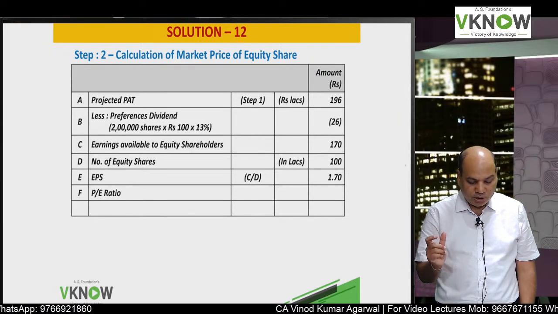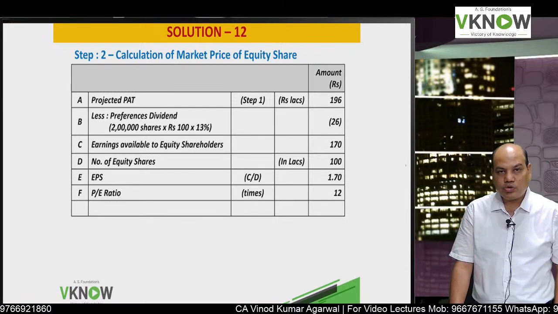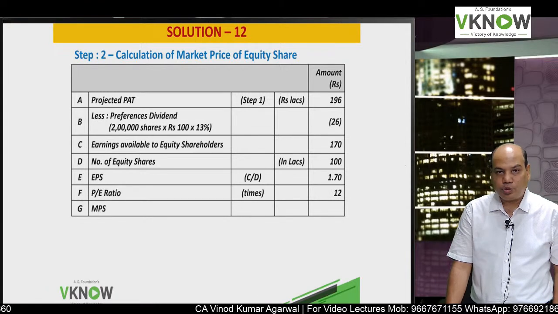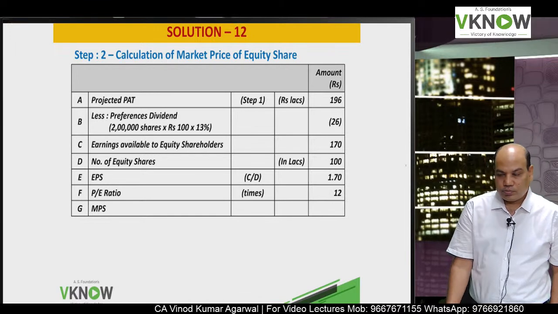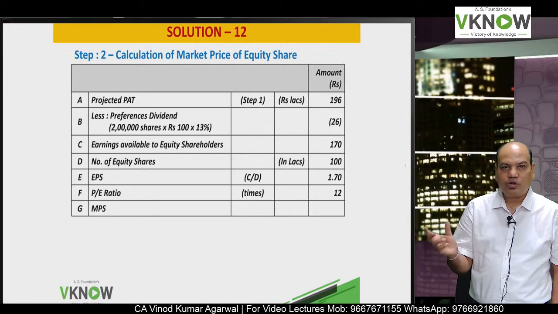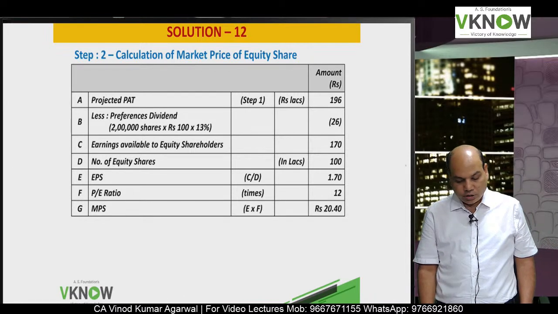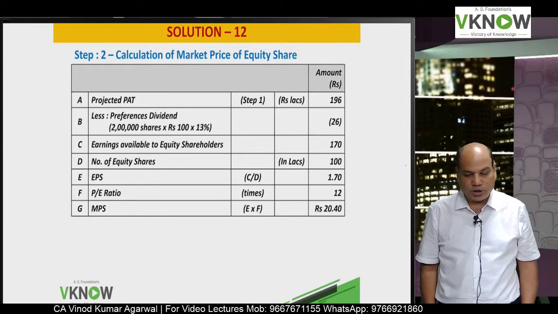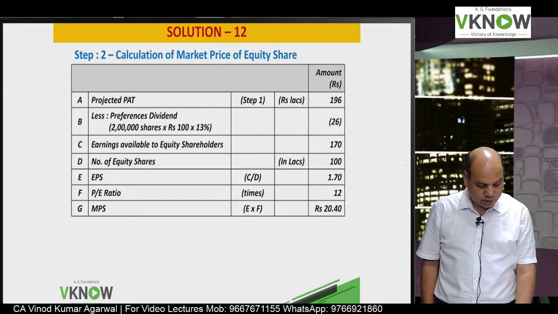In this question, P/E ratio is given 12 times. So if I go by P/E multiple approach, the market price per share, MPS, would be P/E ratio into EPS. So it comes to 20.40. Please check the answer, 20.40.